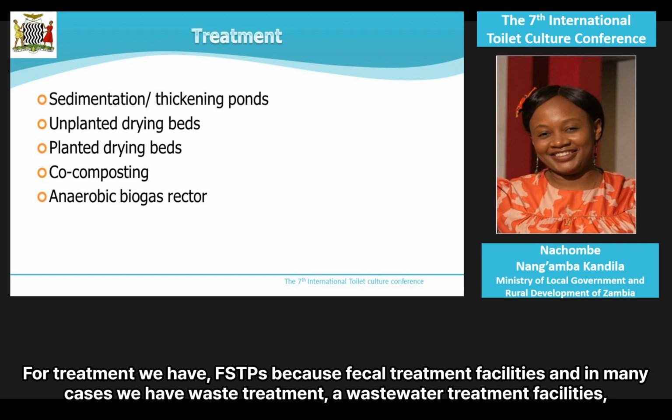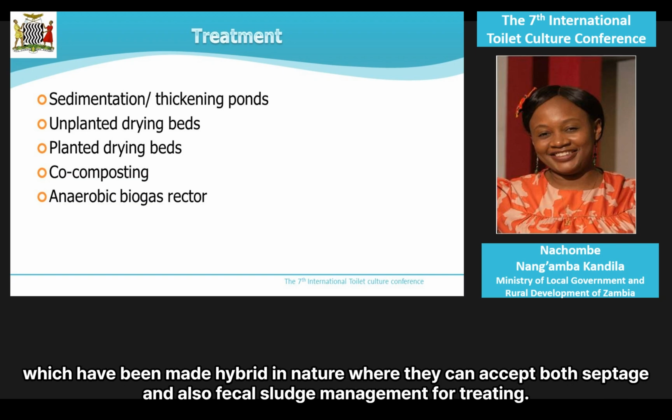For treatment, we have FSTPs, fecal sludge treatment facilities, and in many cases we have wastewater treatment facilities which have been made hybrid in nature, where they can accept both septage and fecal sludge for treating.